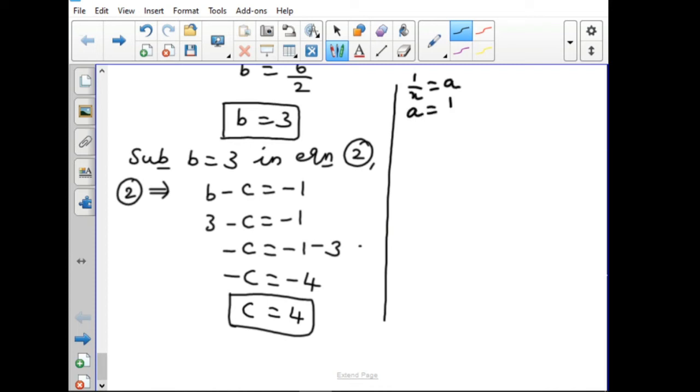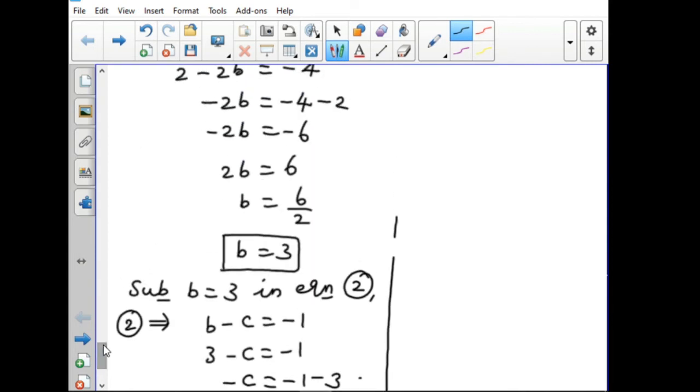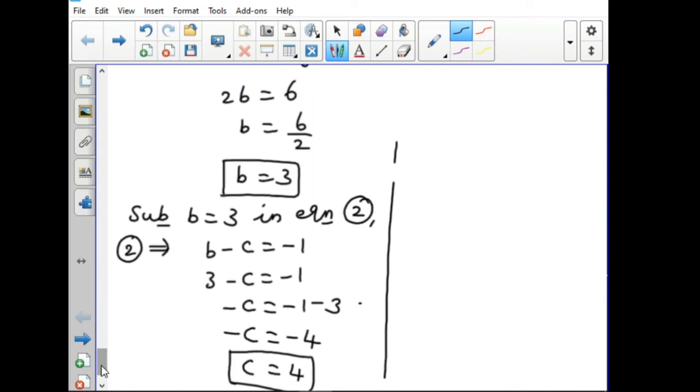So a equal to 1 by x. So x equal to 1 by a. What is our a value? A is here 2. So x equal to 1 by 2.